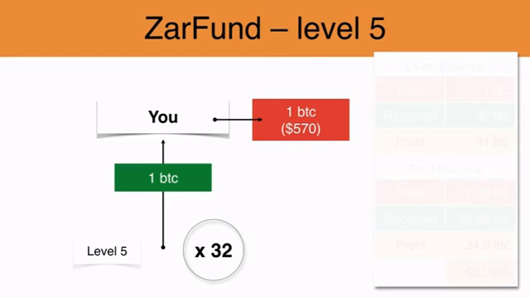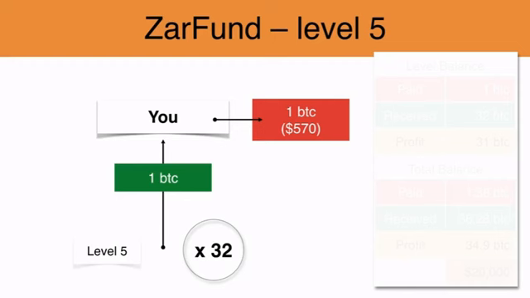Now we're at a little bit over $600, so 1 BTC will be around $600 that you'll be getting in return on that level 5. Send your sponsor $570, which will unlock your fifth level.